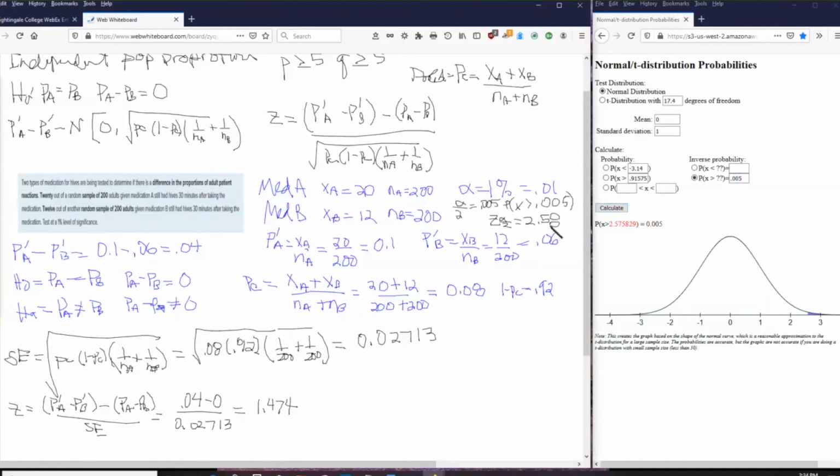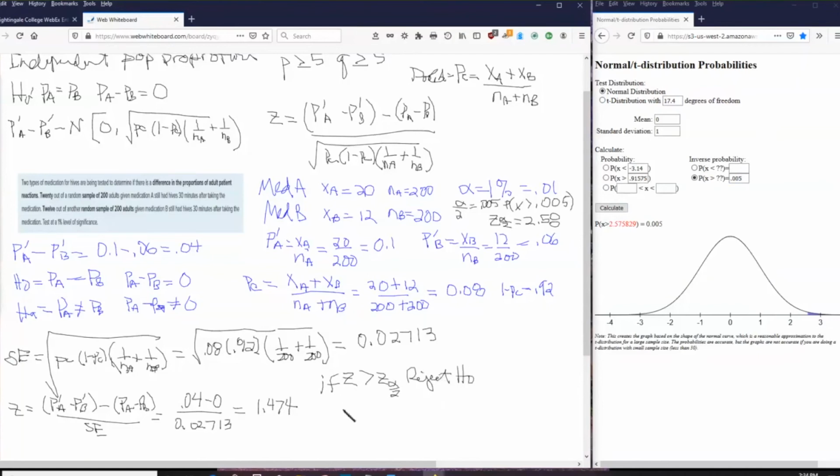So now I can do my first test, which is if Z is greater than my Z of alpha, then I'm going to reject the null hypothesis.